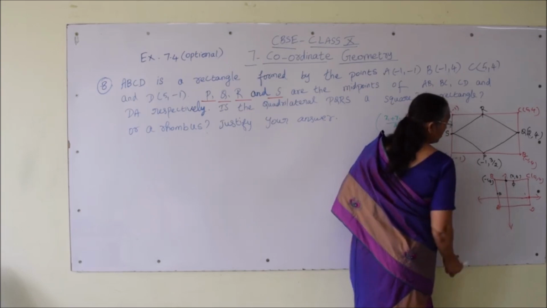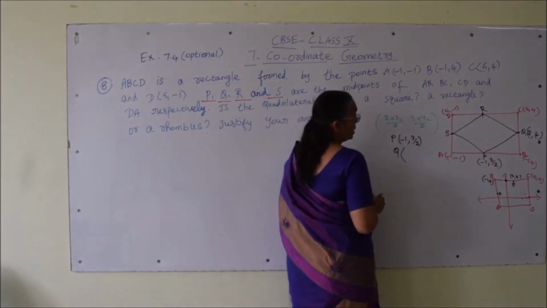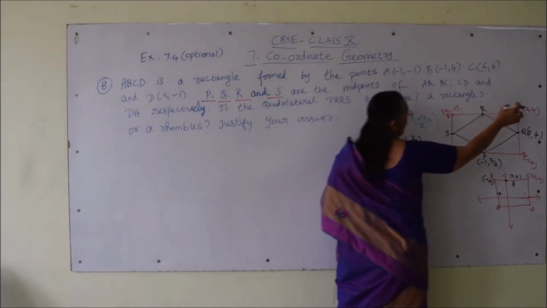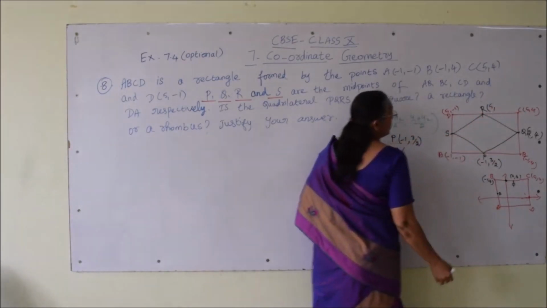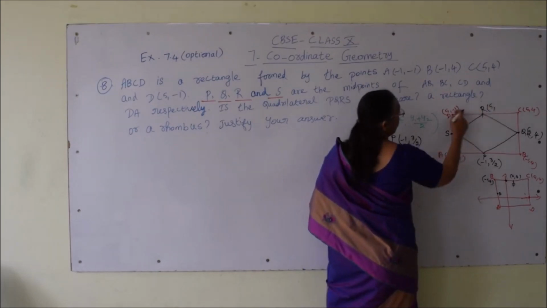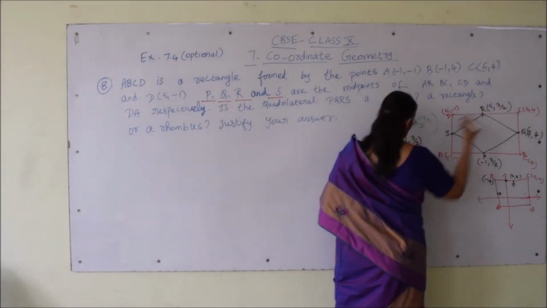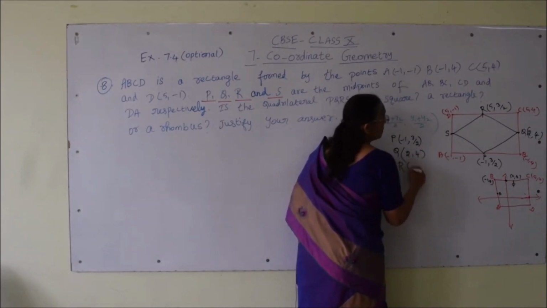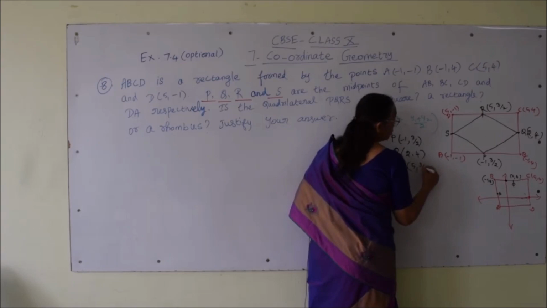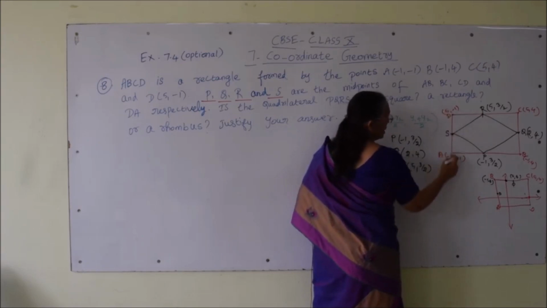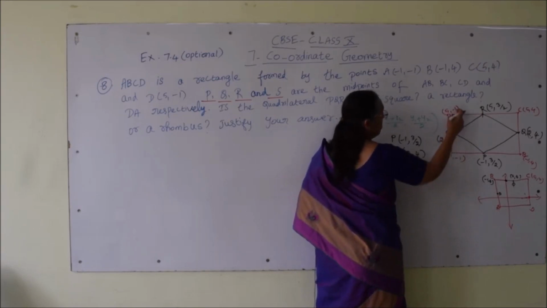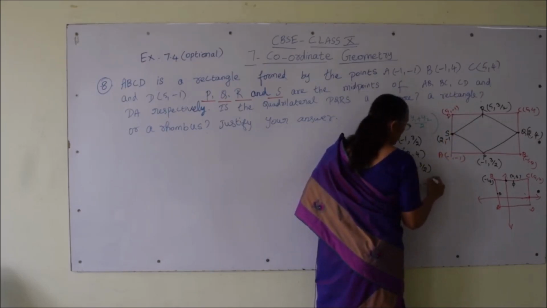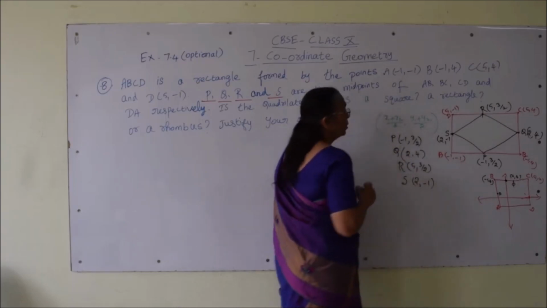Next is R. R is the midpoint of these two: (5 + 5)/2 is 5 only, x value is only 5, and y value is (4 - 1)/2, 3/2. So Q point we got (2, 4), R is (5, 3/2), and S is (5 - 1)/2, that is 2, comma (-1 - 1)/2, -1. So S is (2, -1). Yes, okay, fine.